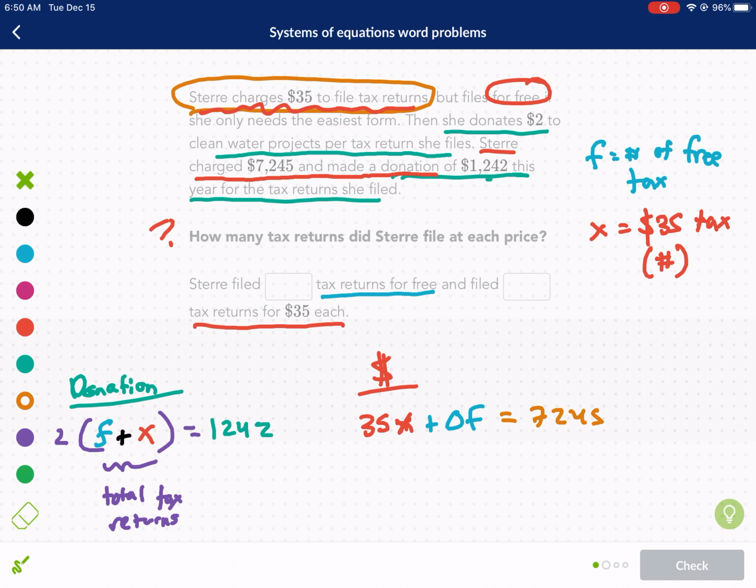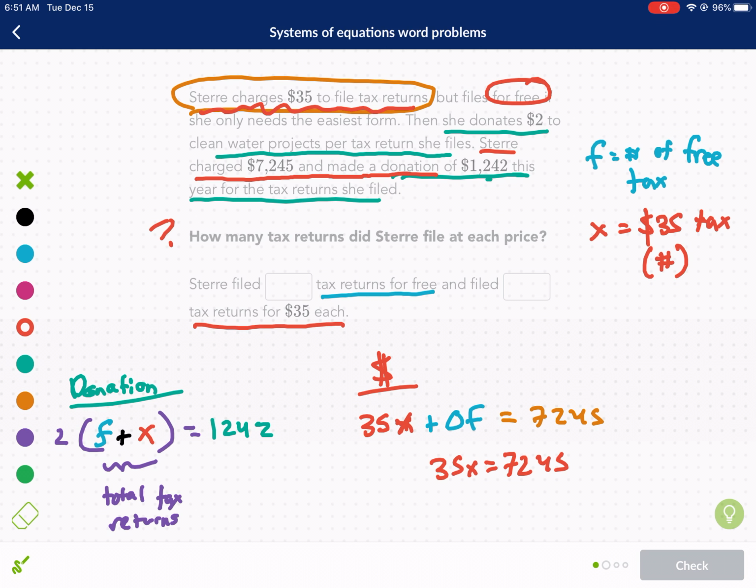That's the second one. Now, if you multiply 0 times F, you just get 0. So really this one can be 35x equals 7245. This is pretty cool because we can already solve for x right away. Well, we divide by 35. Let me get my little handy-dandy calculator.